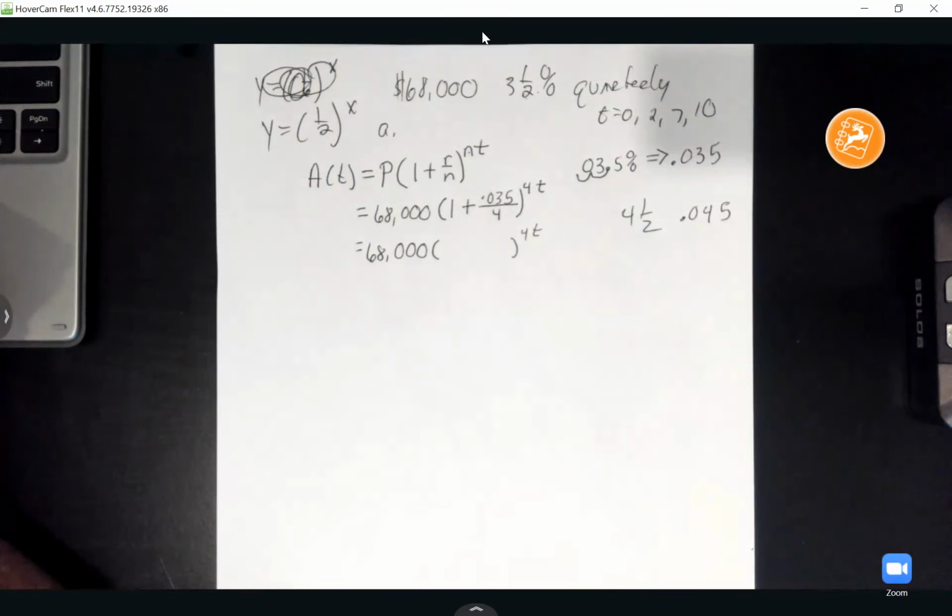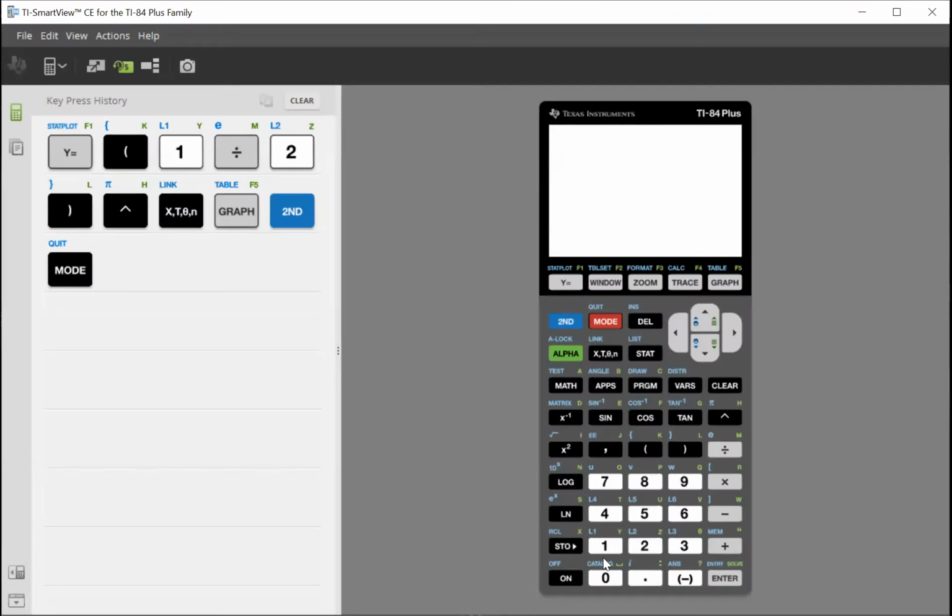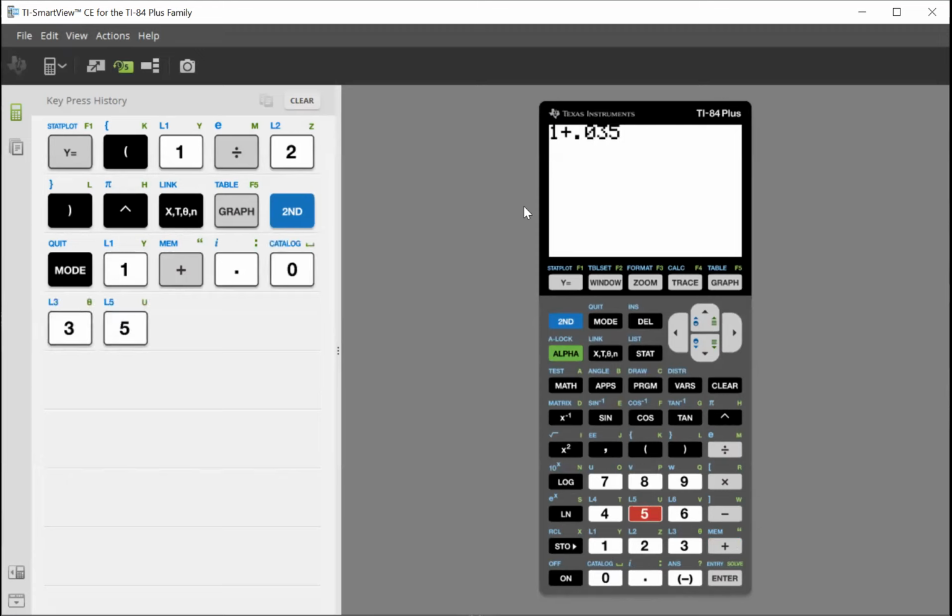I'm going to quit this screen and just see what that equals. 1 plus 0.035 divided by 4. So I get 1.00875.